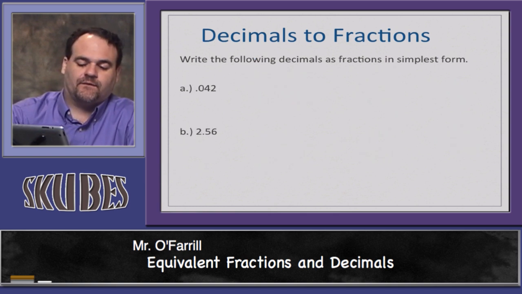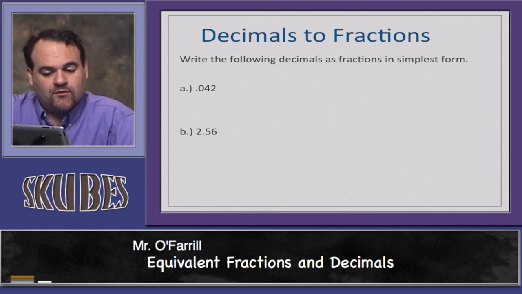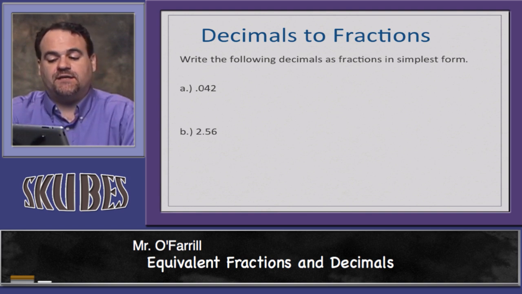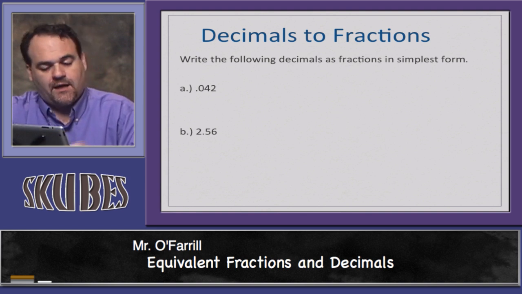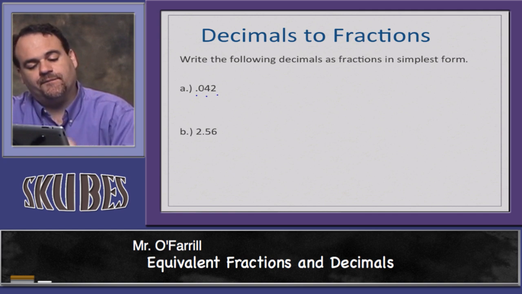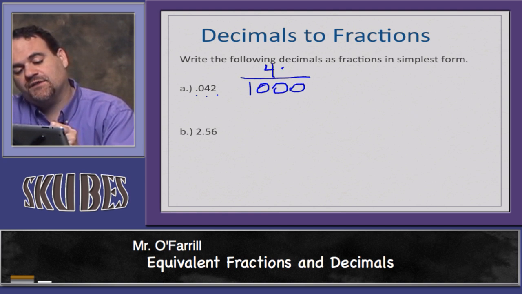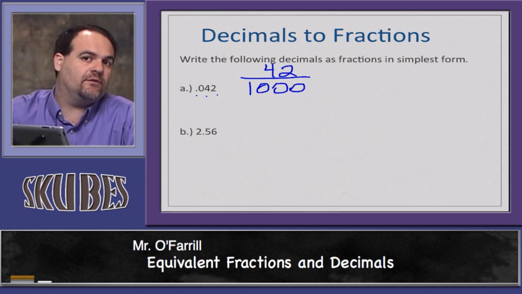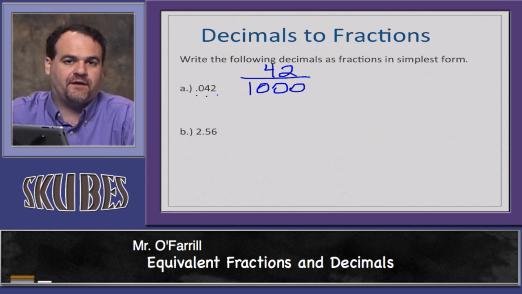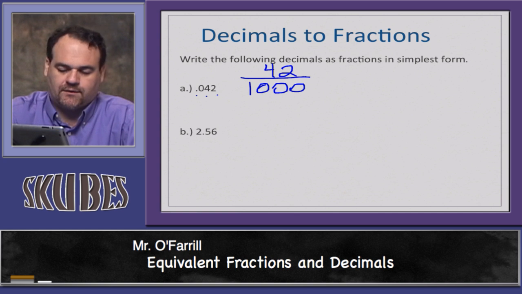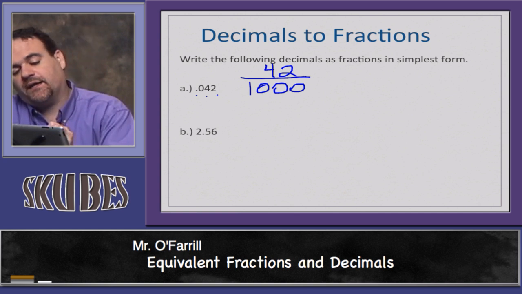All right. 2 more of these to go. Write the following decimals as fractions in simplest form. How many places out are we here? We're out to the 1,000ths place. And that 0 in front is just a placeholder. We have 42 of those. 42 thousandths. Okay. Well, right off the bat, I can see that they're both even. 42 divided by 2 is 21.